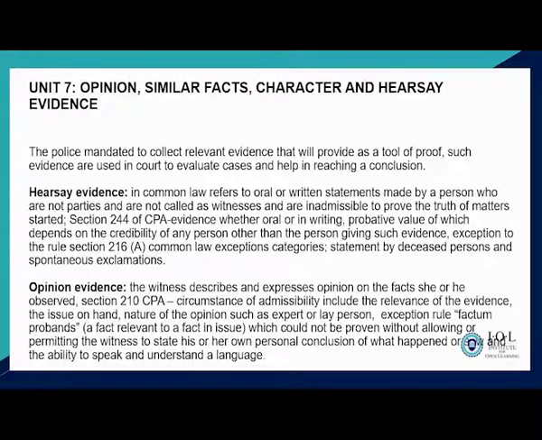Exceptional rule: factum probans, relevant to the fact in issue, which could not be proven without permitting the witness to state his or her own personal conclusion of what happened, or the ability to speak and understand the language.